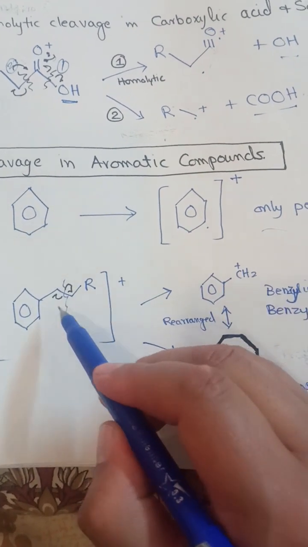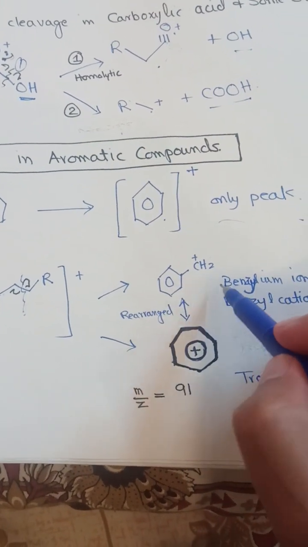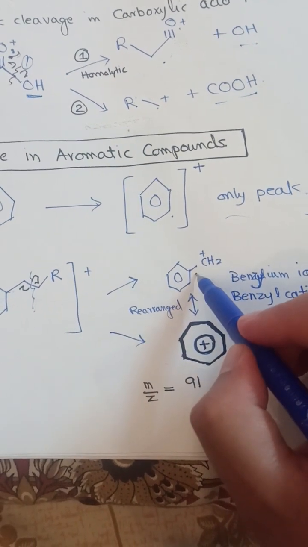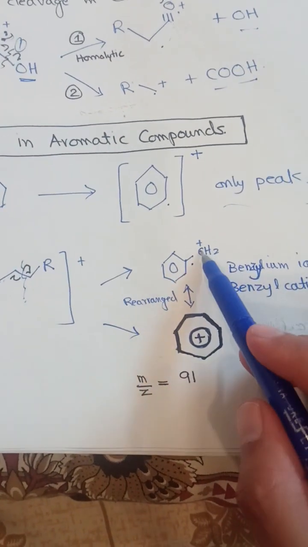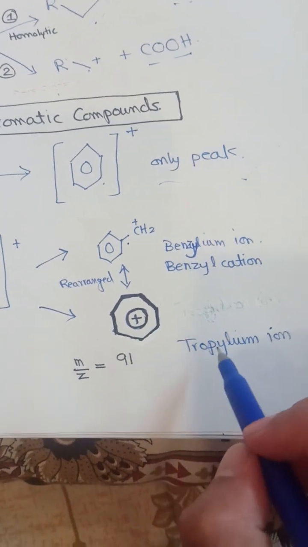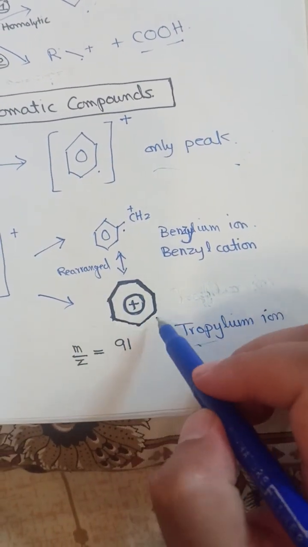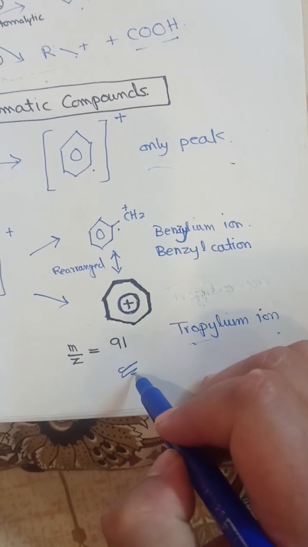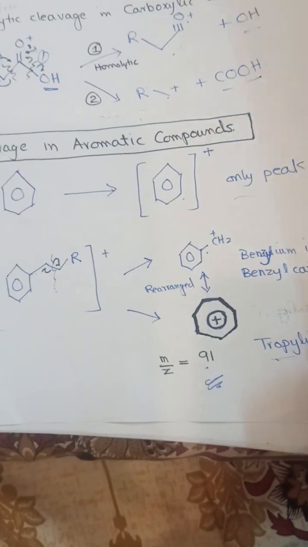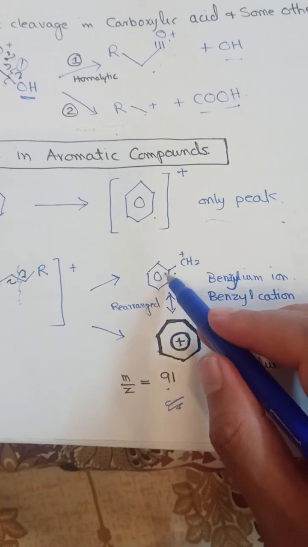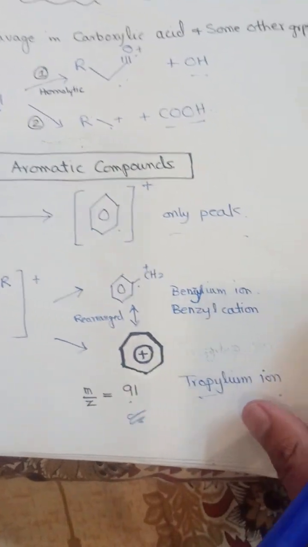So by this homolytic cleavage, we will get this benzyl cation fragment, and this benzyl cation fragment can rearrange and we get this type of tropylium ion. So this is called the tropylium ion, and we get a mass to charge ratio of 91.